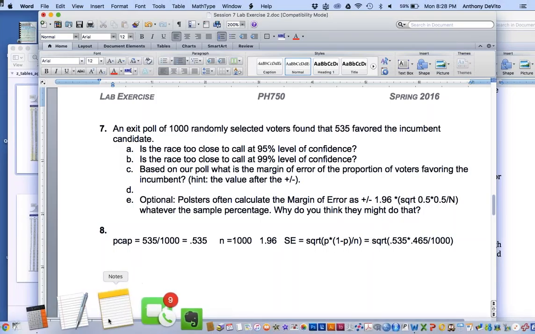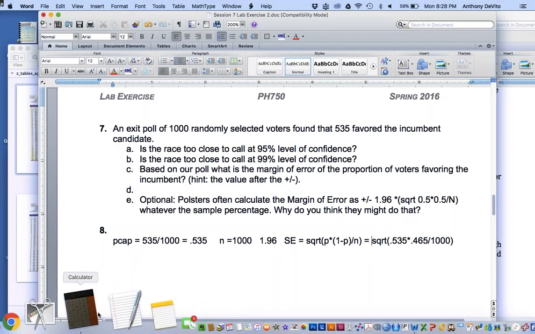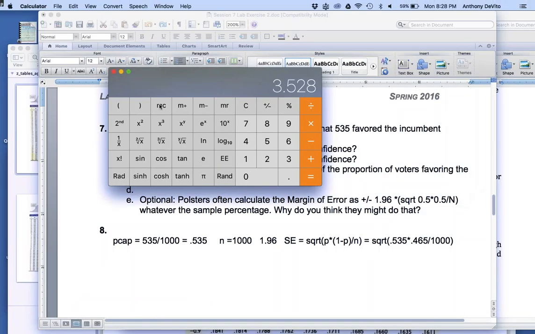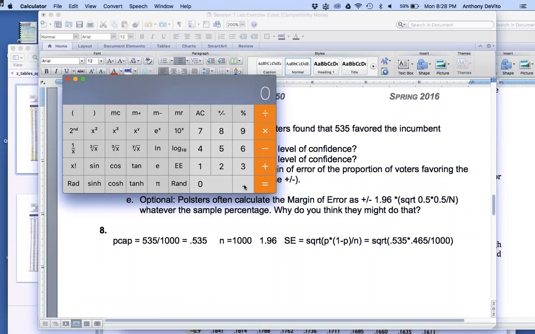Okay, so let's calculate that. Here's my calculator. It's going to be equal to 0.535 times 0.465.